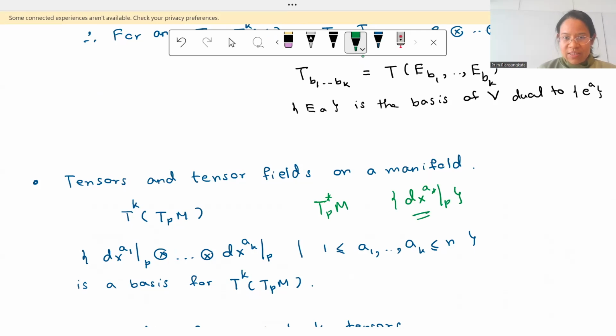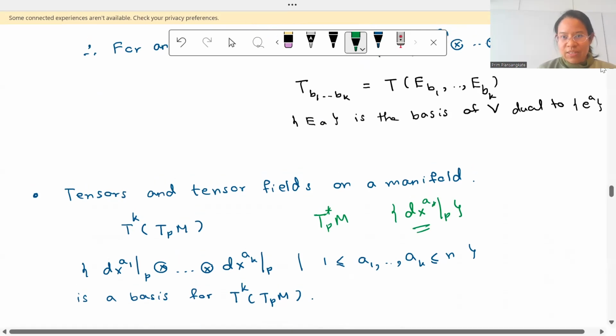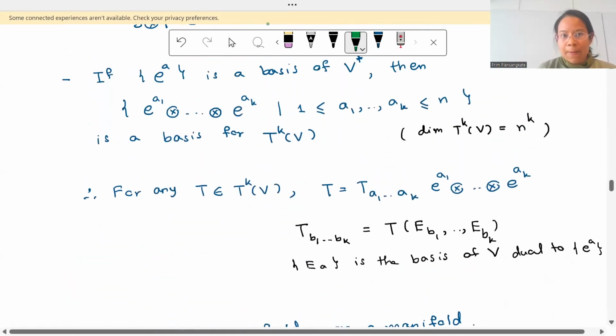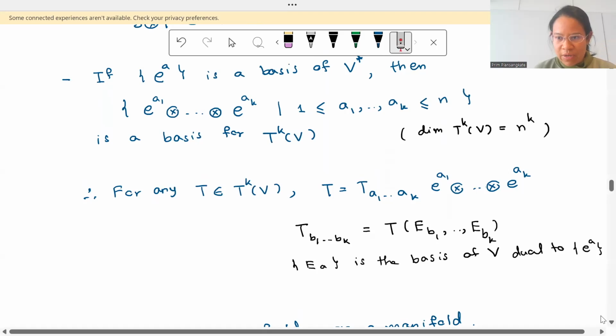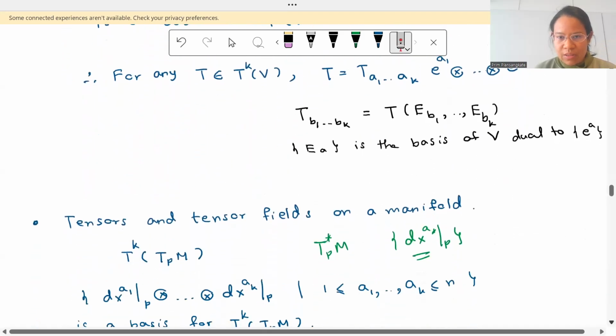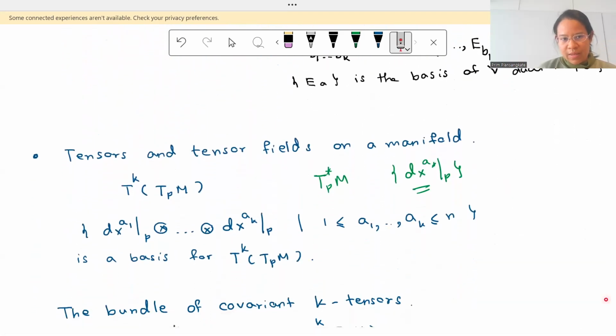Then we can use this. So I'm using this result here, applying it to the tangent space on a manifold. So we have that this set is a basis for the space of K tensors.